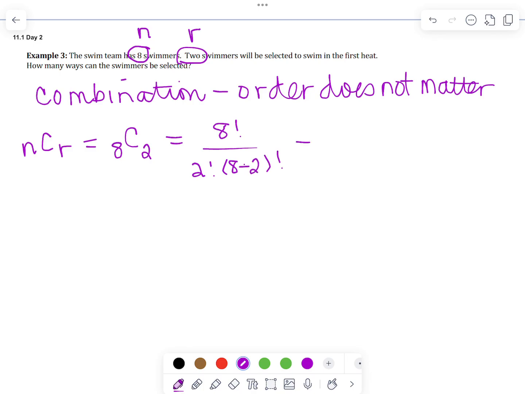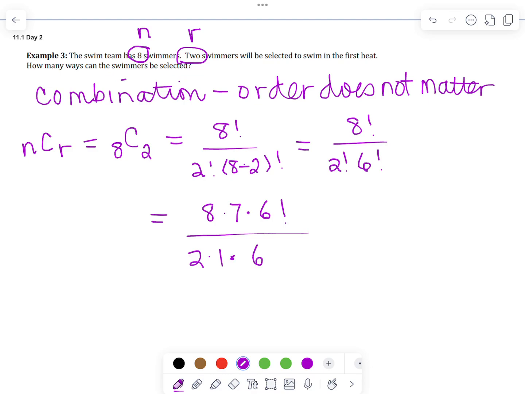We'll simplify. So in the denominator, 8 minus 2 factorial is 6 factorial. Then we'll start to expand. 8 times 7, and then I'm going to stop at 6 factorial. In the denominator, expand 2 factorial: 2 times 1, and then I'm going to leave that 6 factorial.